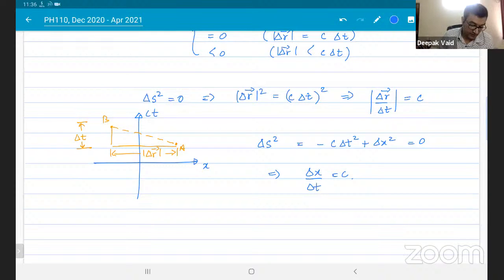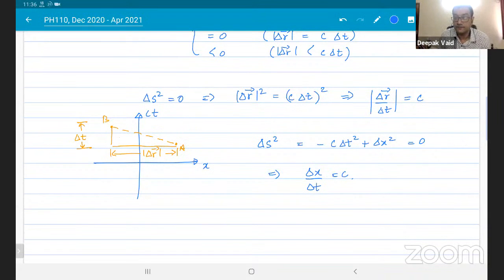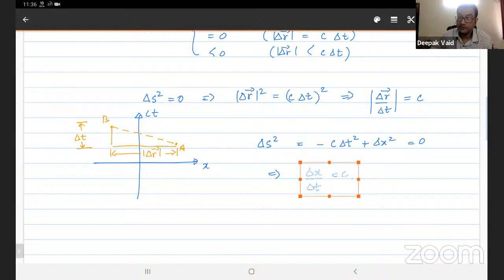What does this mean? What does this tell us about the line which connects these two points? There's a line which is connecting the two points, right? So if this is the relationship, then what does this tell us about the line? The slope of the line is 1.